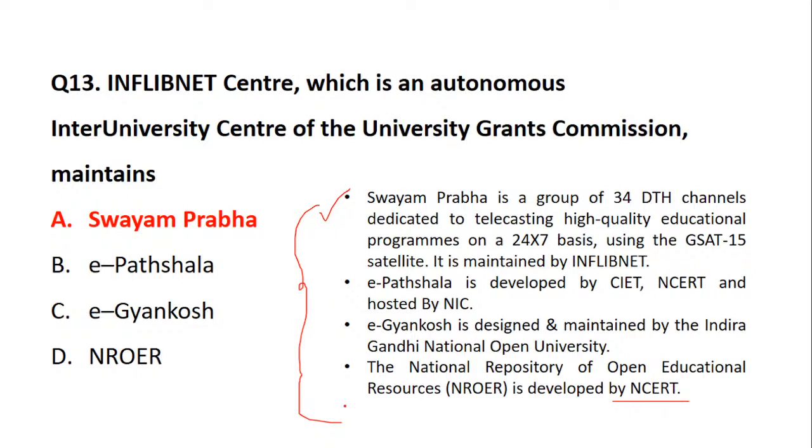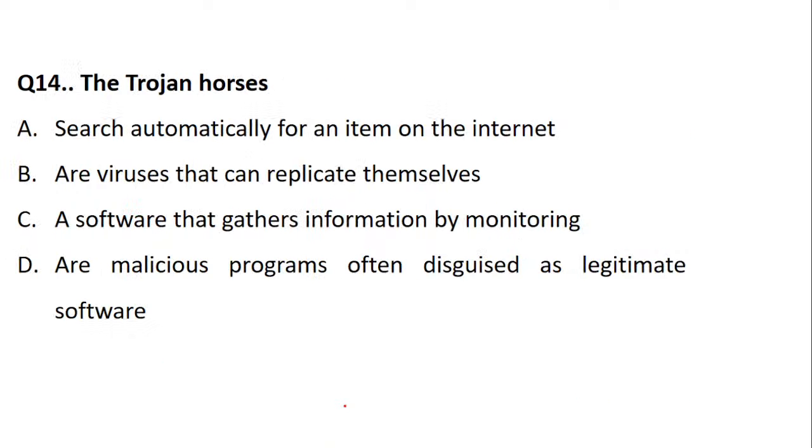Question number 14. Do Trojan horses search automatically for an item on the internet, are they viruses that replicate themselves, software that gathers information by monitoring, or a malicious program that is often disguised as legitimate software? Which of them is known for the given concept?